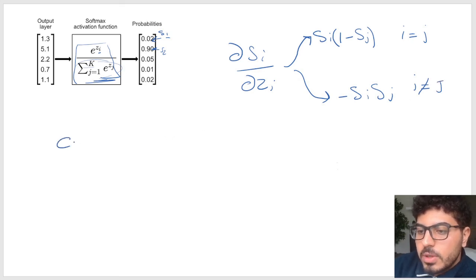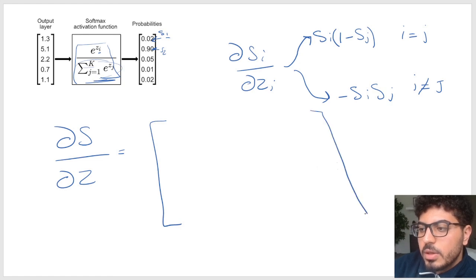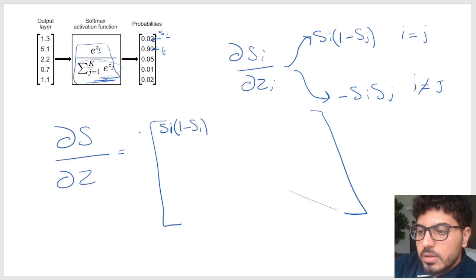Okay, so the entire Jacobian will look like this. Partial s by partial z, which we're trying to compute, this entire big Jacobian. These are the diagonal elements, so it will be S1 multiplied by 1 minus S1, because here i is equal to 1, j is equal to 1. And this is an off diagonal element, so it will be negative S1 multiplied by S2, negative S1 S3, and so on.